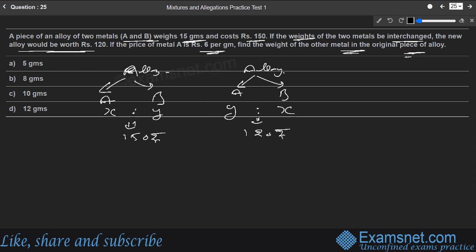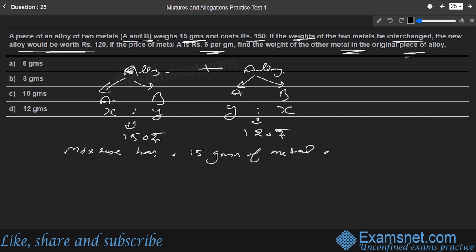So what we will do, if the two types of alloy with different compositions are mixed up together, alloy A type and alloy B type, then we can easily say the mixture has 15 grams of metal of both types.